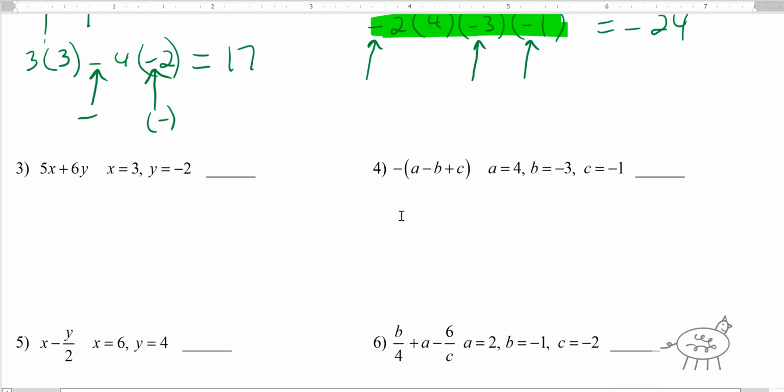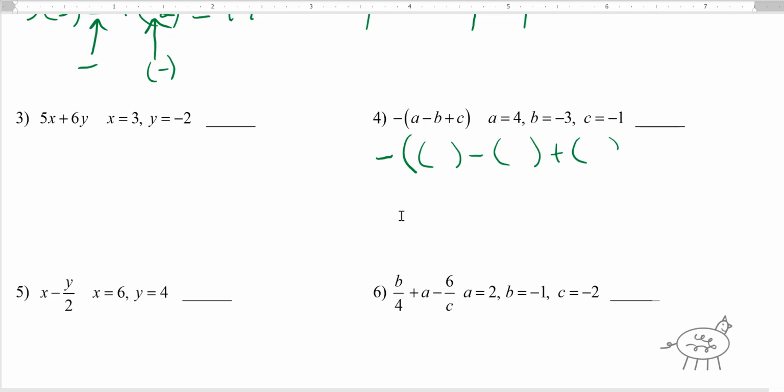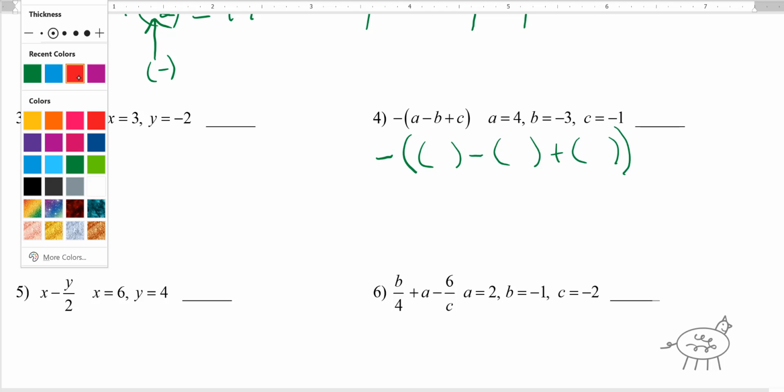So this one, number 4, has a negative parenthesis. So put that parenthesis in there. But now wherever you see an A, you're going to put another parenthesis, minus B plus C, and close parenthesis. So the first one, I'm just going to make a different color here.